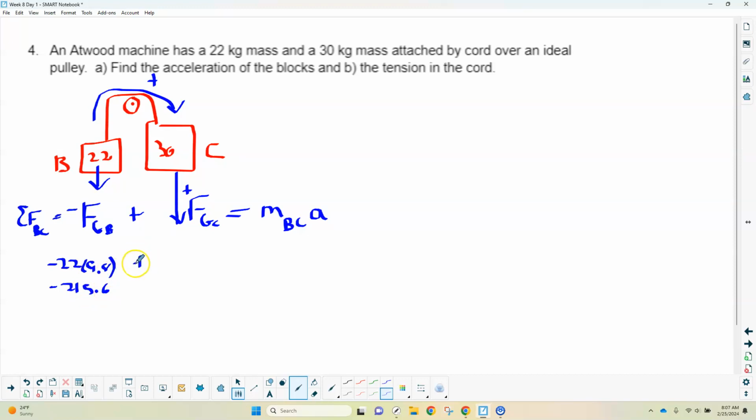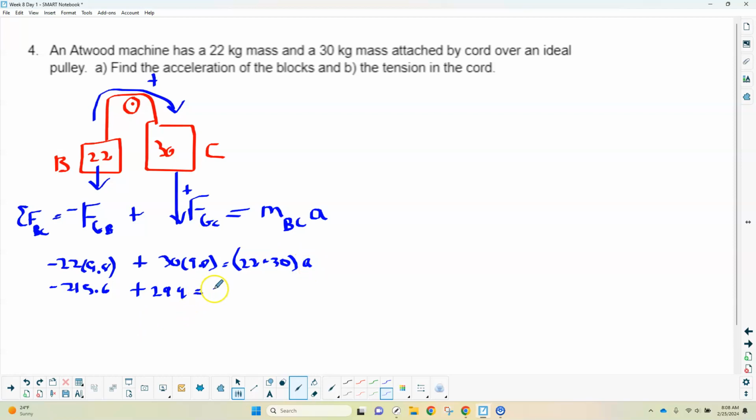And then for the gravity of C, it'd be 30 times 9.8. That one's positive, so I don't have to worry about the sign. So 30 times 9.8 is 294. So 215.6 plus 294 should get us the net force, and the mass would be 22 plus 30 for that mass of B and C together. And then we're solving for A.